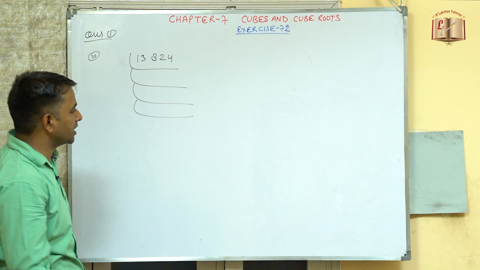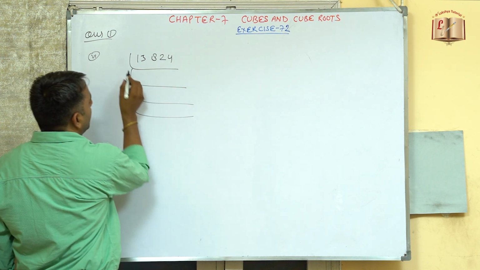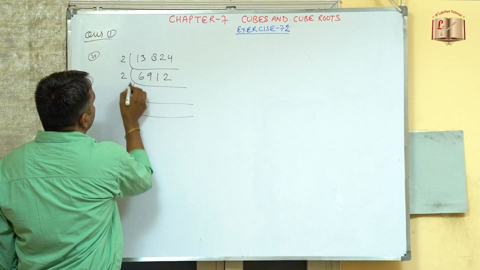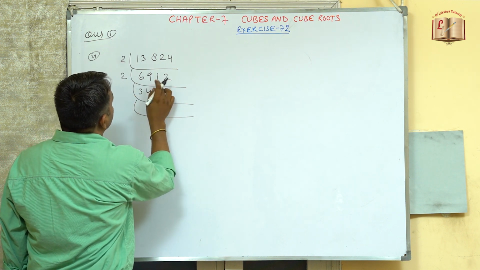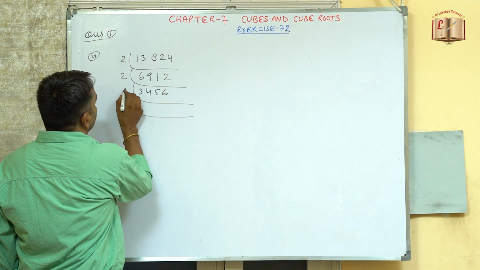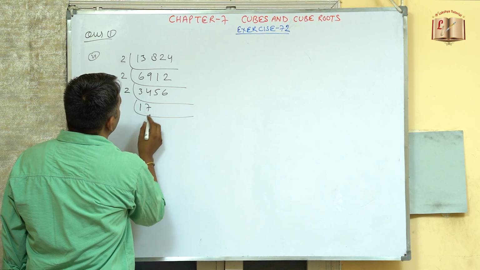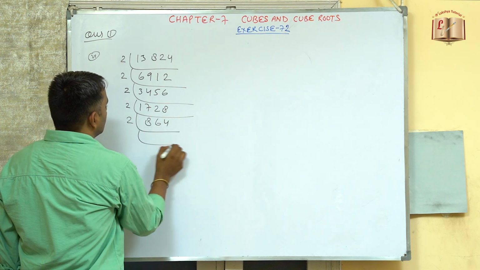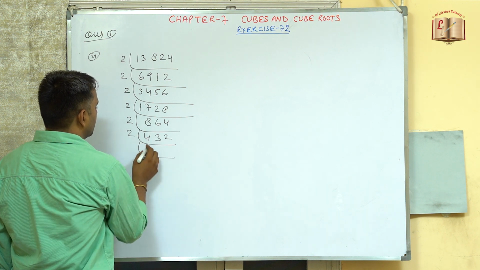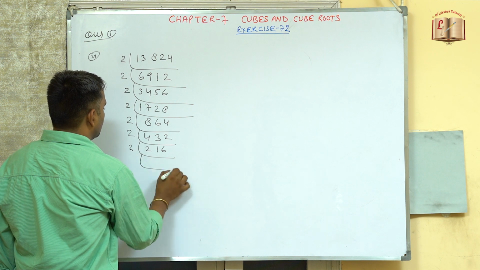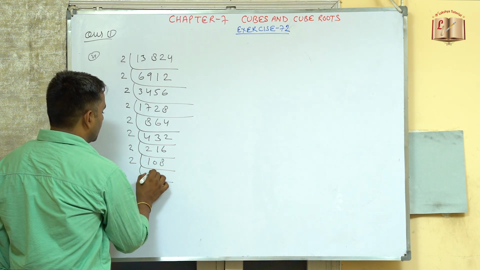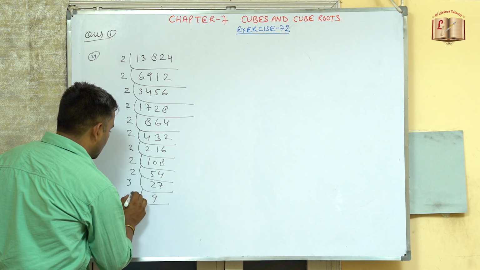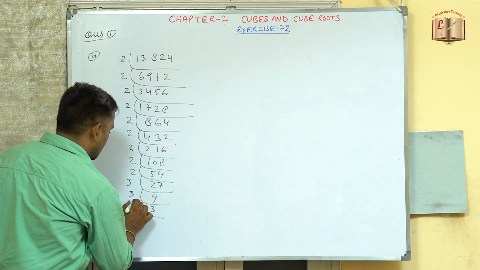This is the simplest one to find out the prime factors. Then make the groups of three, take one number from each and multiply. So dividing by 2 repeatedly: 6912, 3456, 1728, 864, 432, 216, 108, 54, then 27, then 3 times 9, then 3 times 3, then 3 times 1.